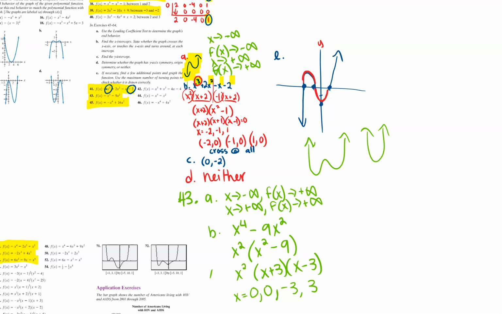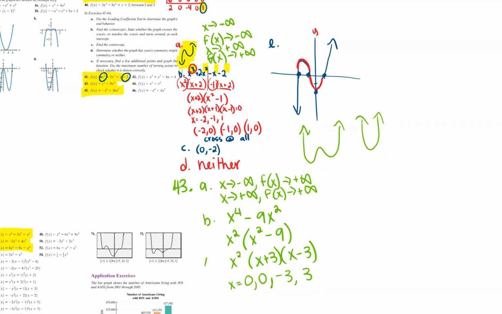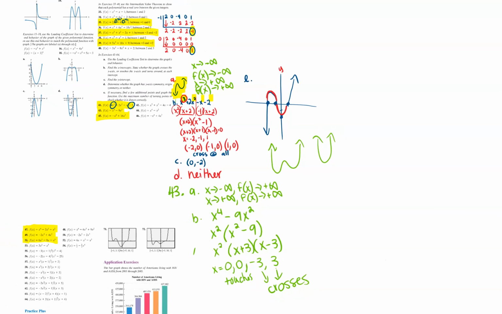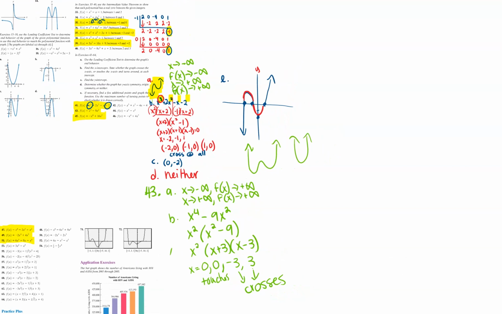All right, if I have a repeated root, that means that it touches and turns around at 0. But then it actually crosses the x-axis at the other 2. All right, and then once I find the y-intercept, then I'll do a rough sketch of this graph.